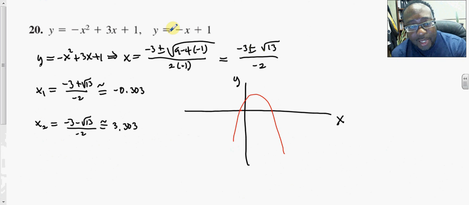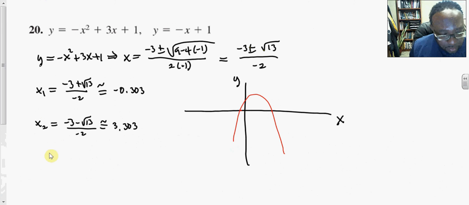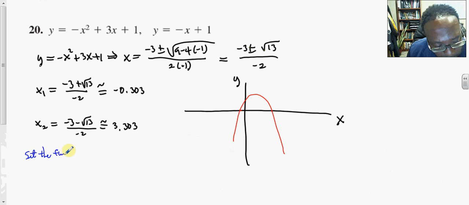And then for the line y equal to negative x plus 1, I reckon it'll be good to know where they cross. So we set the functions equal.